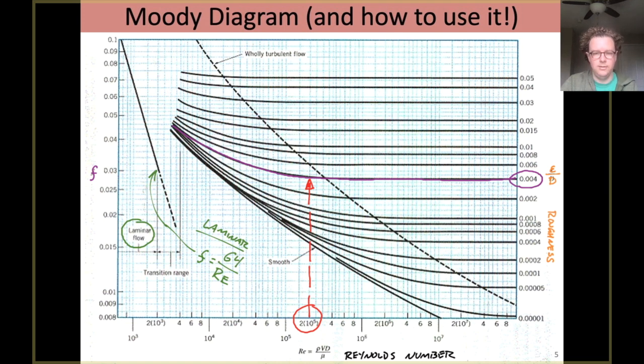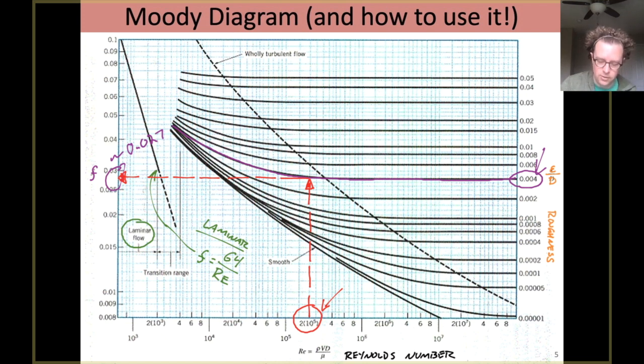You read up, as I'm indicating with the red arrow, until you hit that epsilon over D line, and then you read to the left to find the friction factor that's associated with that. So what we've just done here is to say, if you have a relative roughness of 0.004, and you have a Reynolds number of 2 times 10 to the 5th, you should use a friction factor of about 0.027. And so this Moody diagram is assembled entirely from empirical results, but it tends to work out well.